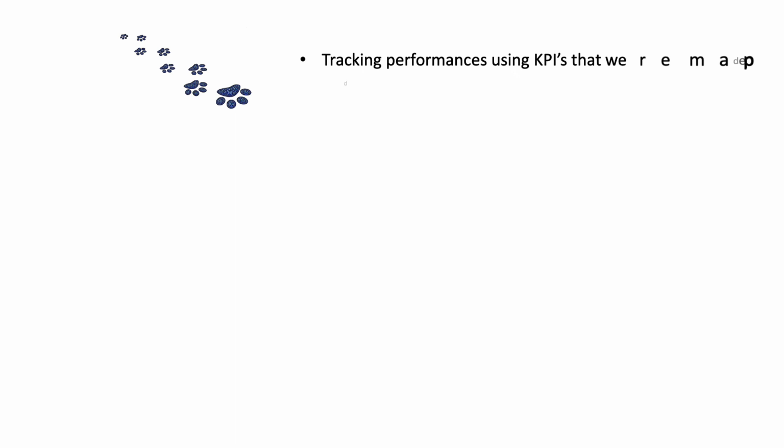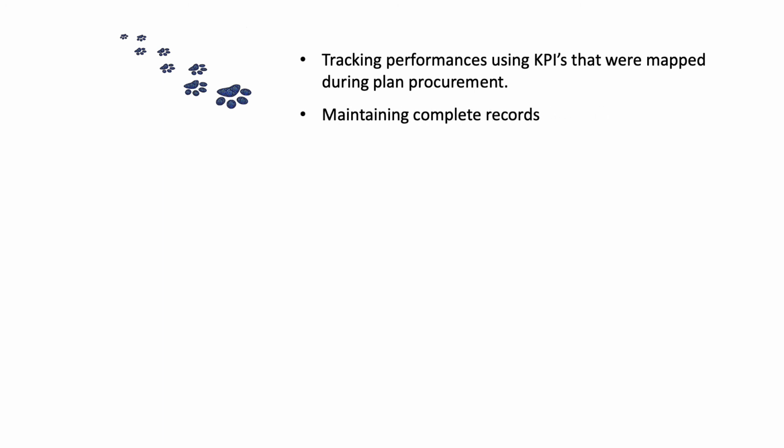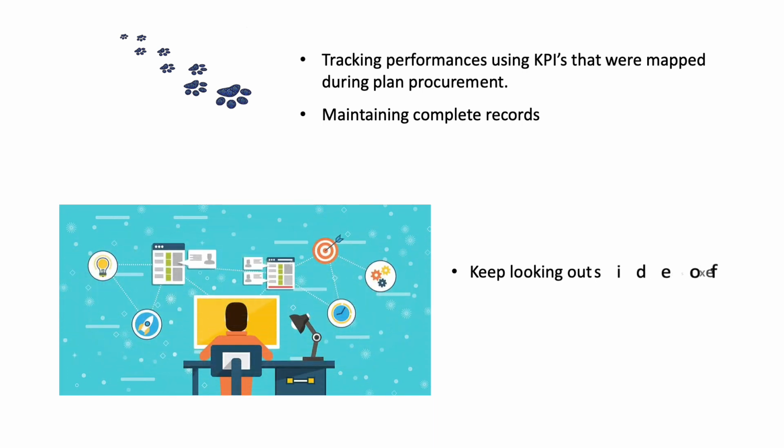Understanding the above process on control procurement, vendors should keep tracking performances of vendors using key KPIs that were mapped during the planned procurement, maintaining complete records of all procurement documents and approved change requests that have been added to the contract. She should keep looking outside of existing vendors and suppliers relationships.